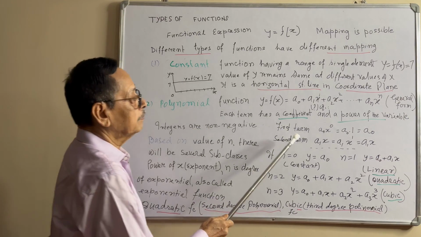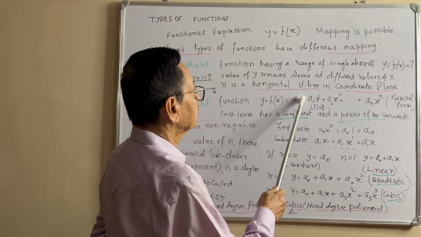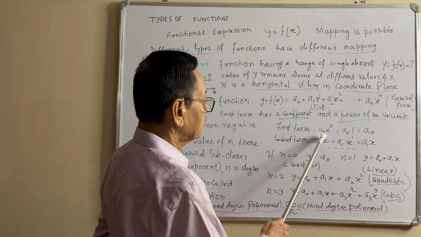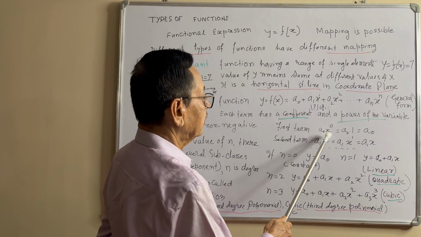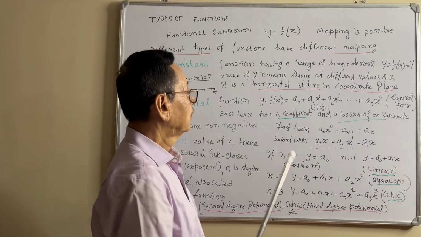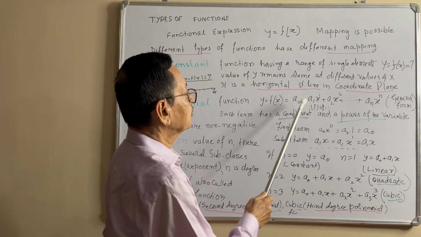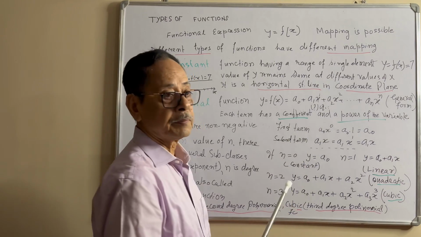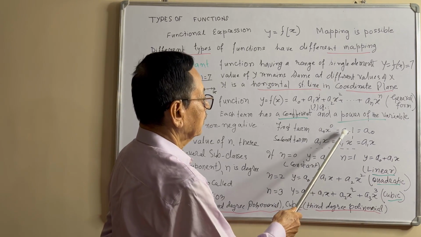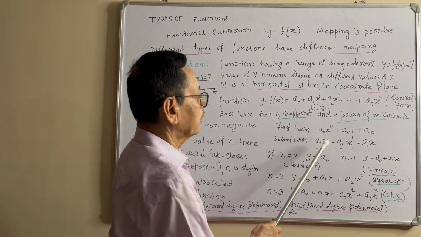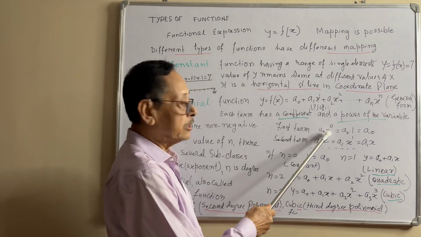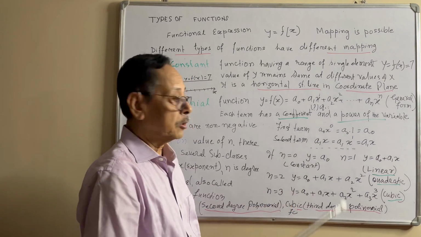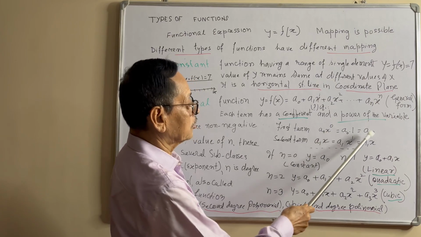The first term, why is it a naught? The first term is actually a naught x to the power 0. So that means a naught into 1, because anything to the power 0 is 1. That's why it is a naught.